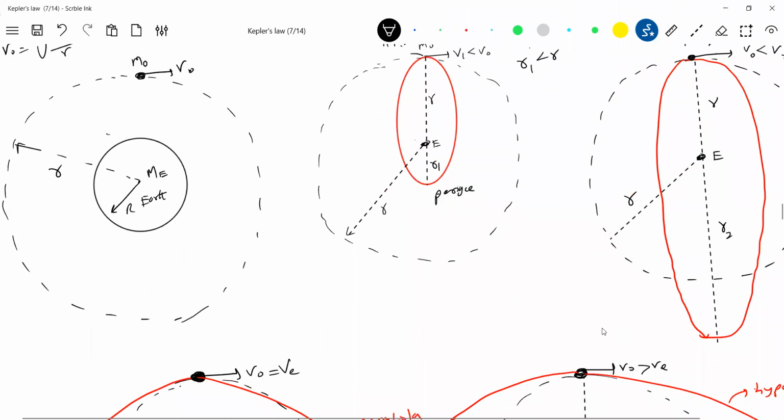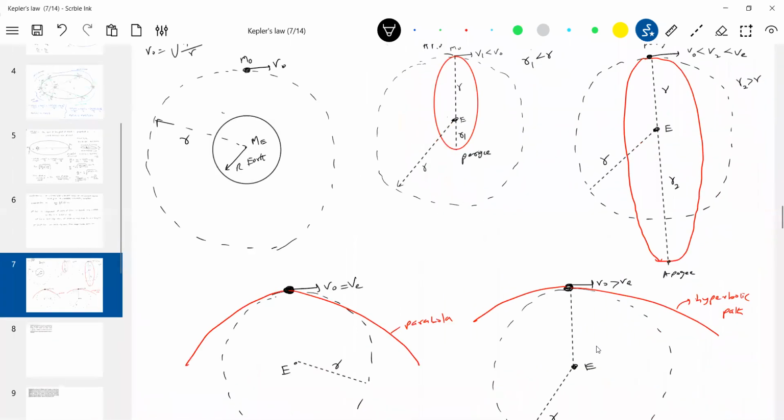When astronomers talk, the farther point is called apogee and the near point is called perigee. So we have to locate where the apogee and perigee will be in this particular numerical.